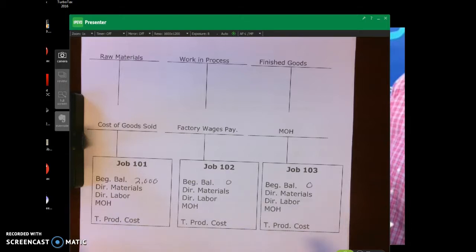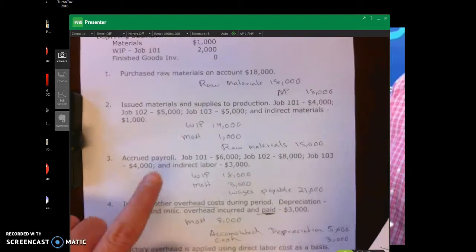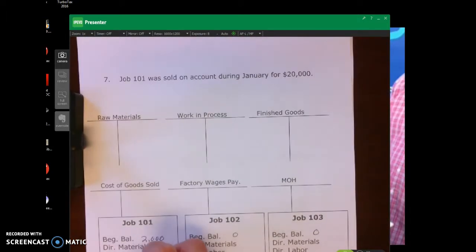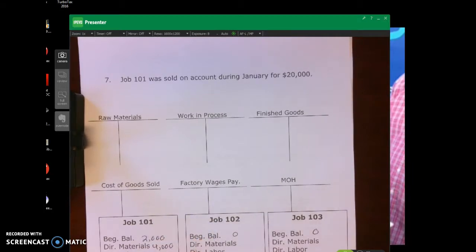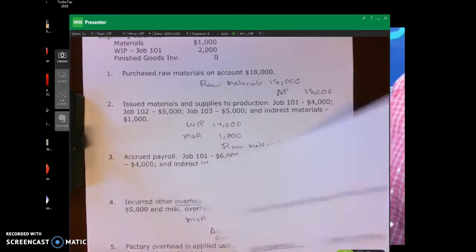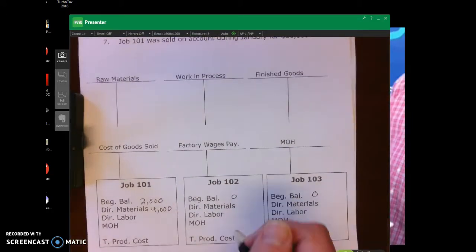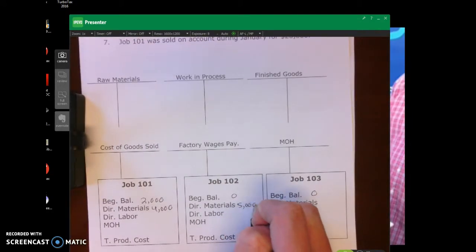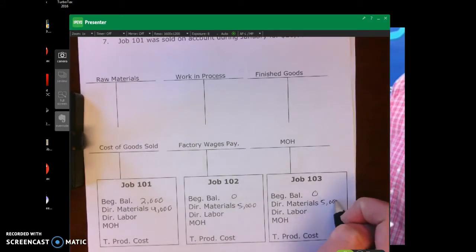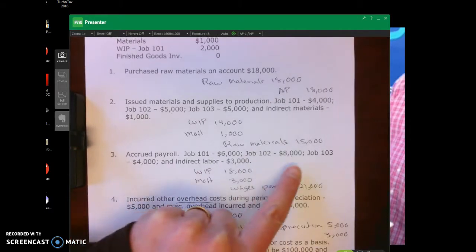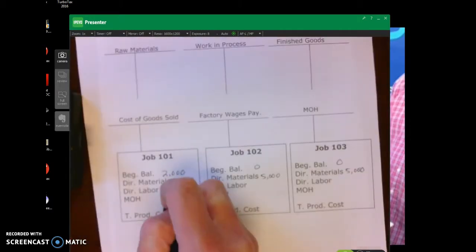Materials for job 101 is 4,000, job 102 is 5,000, and 103 is 5,000. In direct labor, we have 6,000, 8,000, and 4,000.